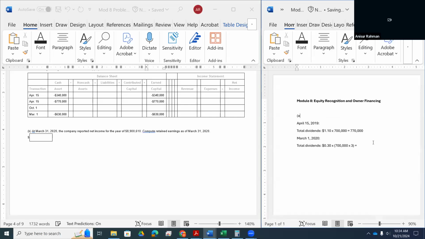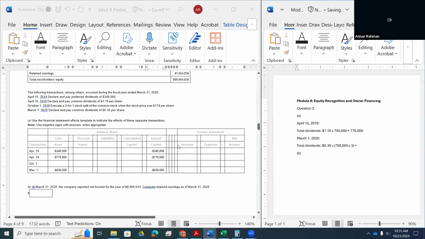So this one was our part A. Now for part B, and this is question 3. In your case, the question numbers might be different. This numbering is with respect to this document.